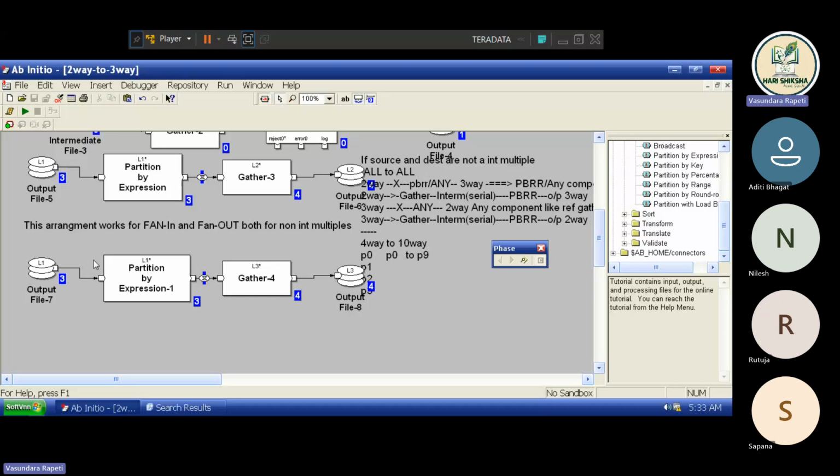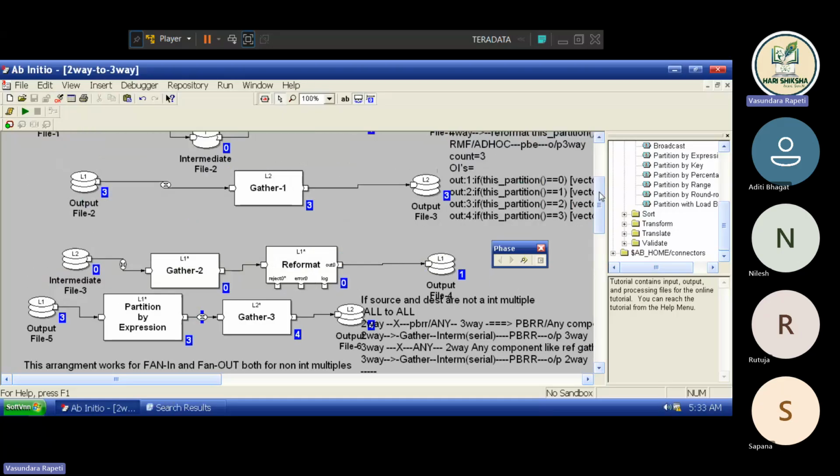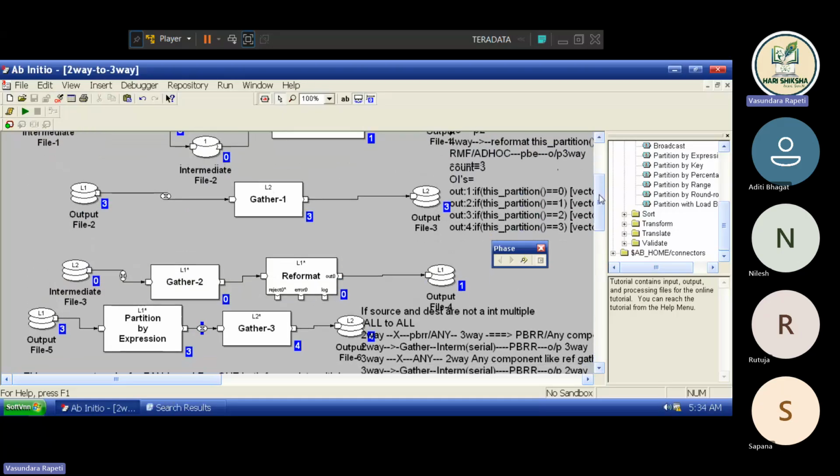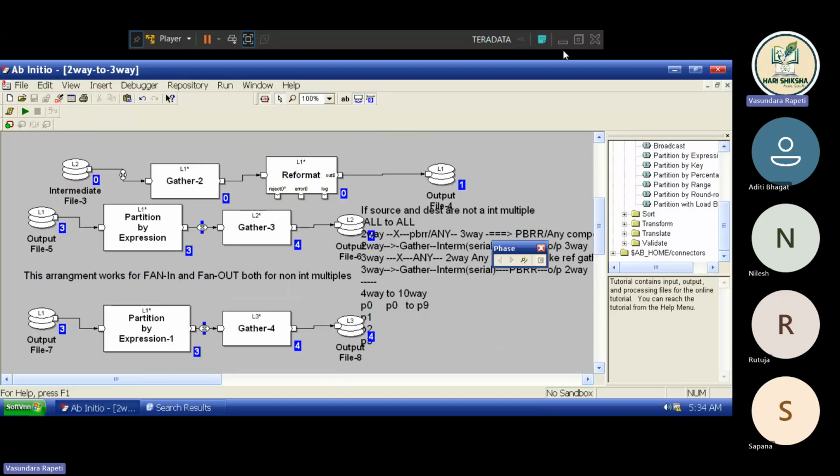So repartitioning means this thing for non-integer multiple, and integer multiple is there. For integer multiple, we have seen four-way to two-way and two-way to four-way both. If it is fanning out, then no need to change anything, just take the partitioning component.